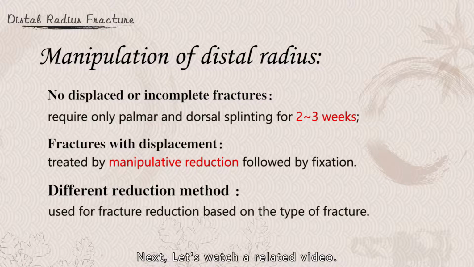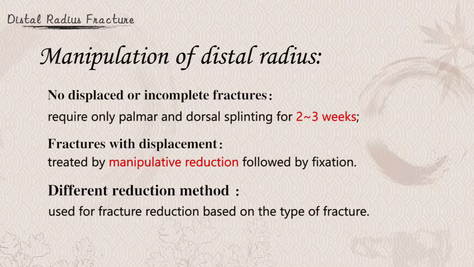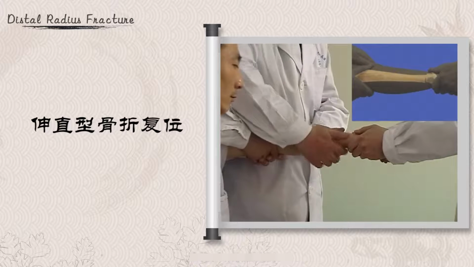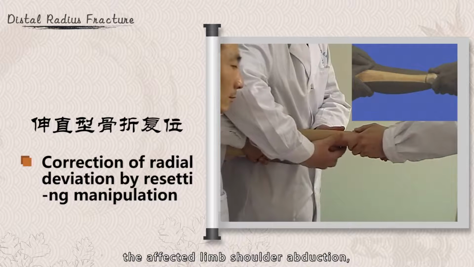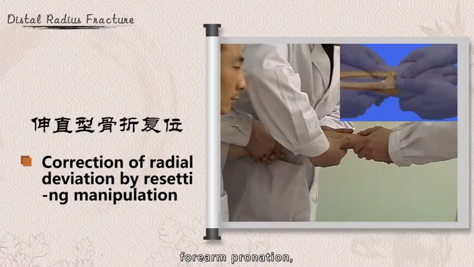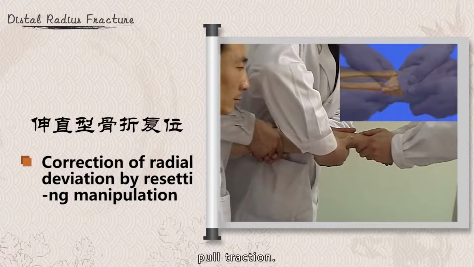Next, let's watch a related video. Reduction and fixation of the fracture. After anesthesia, the affected limb is placed in shoulder abduction, elbow flexion 90 degrees, forearm pronation, and traction.